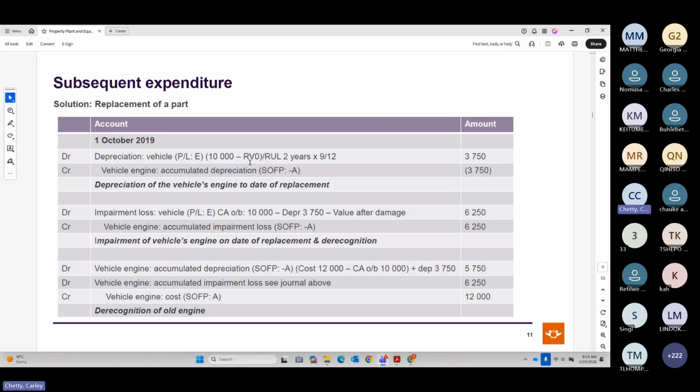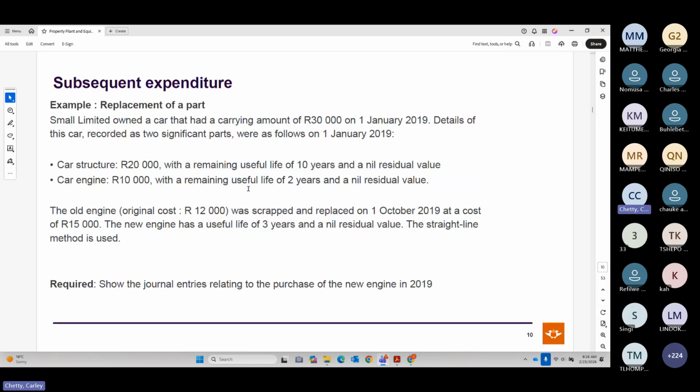So the first thing we need to do is to make sure that we have depreciated the old engine before we replace it. So here we're going to take the value of the old engine being 10,000 Rand, and they told us in the scenario that there was a nil residual value and a remaining useful life of 2 years.